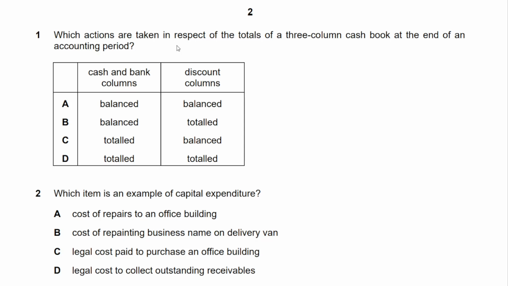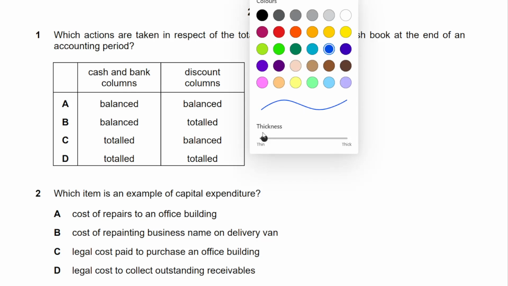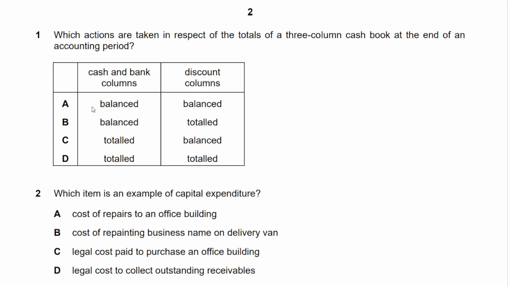Which actions are taken in respect of the totals of 3-column cash book at the end of an accounting period? Cash and bank columns. Okay, so a cash book is a ledger account for cash and bank accounts. So we will balance them. We'll not just total them, we'll balance them.